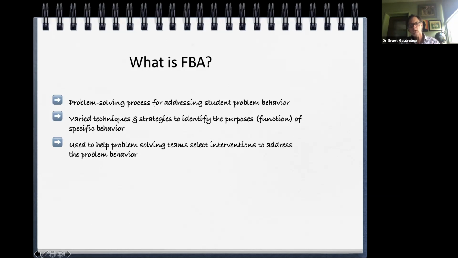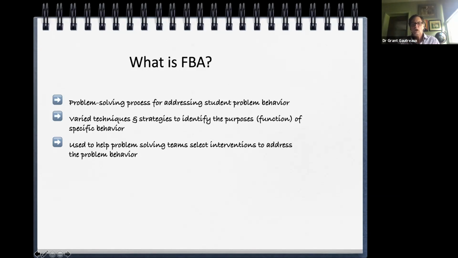Sometimes you're going to see words like cause. Actually, I don't think that that word is the best choice. One of the reasons why is really because we are always seeking the function, and the function is going to be malleable over time depending on the conditions.